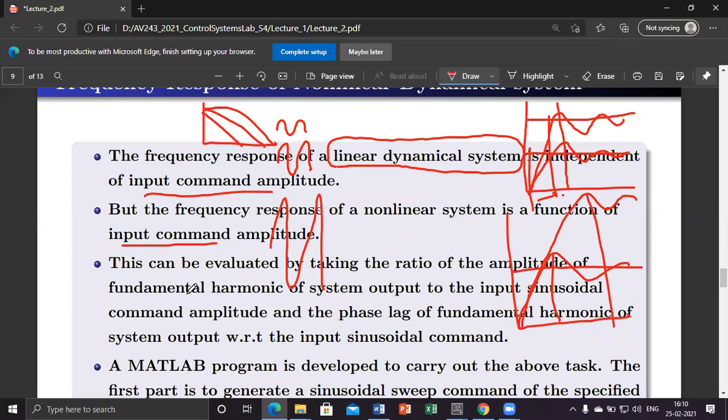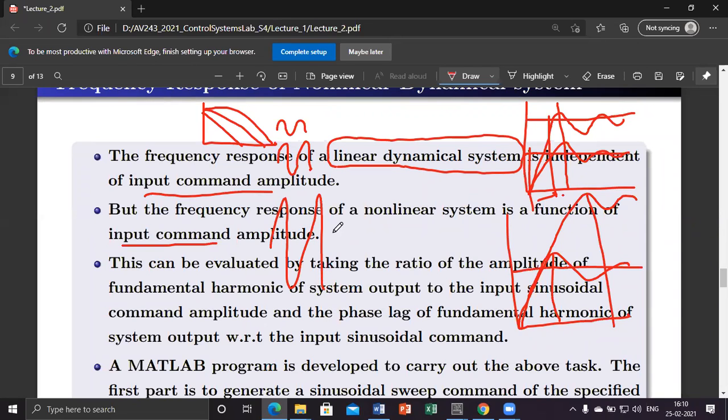In a transfer function, you have taken the Laplace transform of the impulse response. So the Laplace transform of the unit impulse response is the transfer function, and you also call it the Laplace transform of output by Laplace transform of input. For any command, it need not be an impulse.